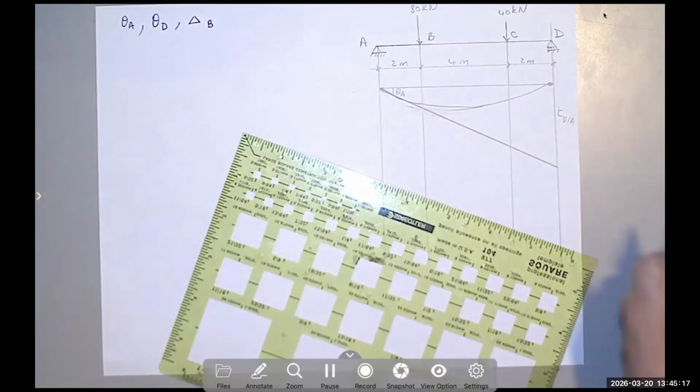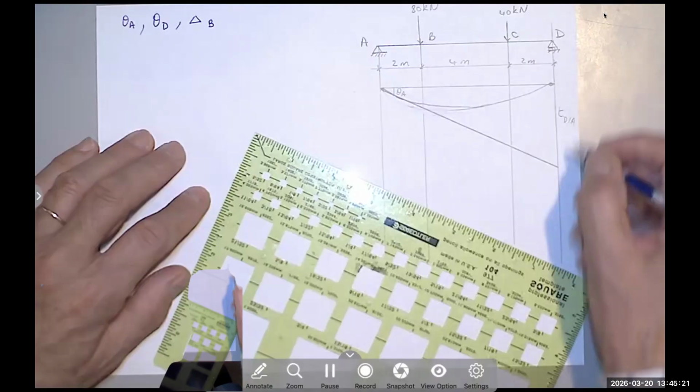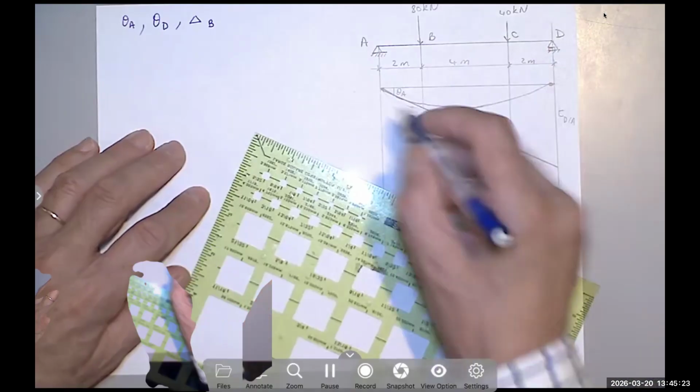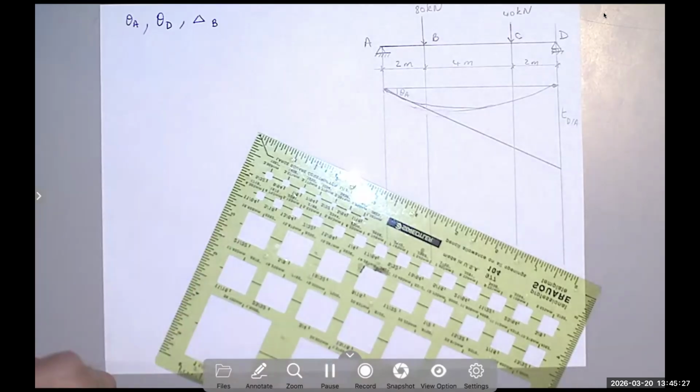On the elastic curve, we know there is no deflection at D whatsoever, so all of that is the deviation of D from the tangent at A. We call it T D sub A.